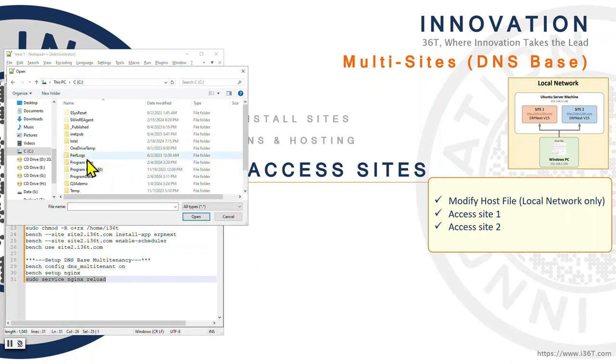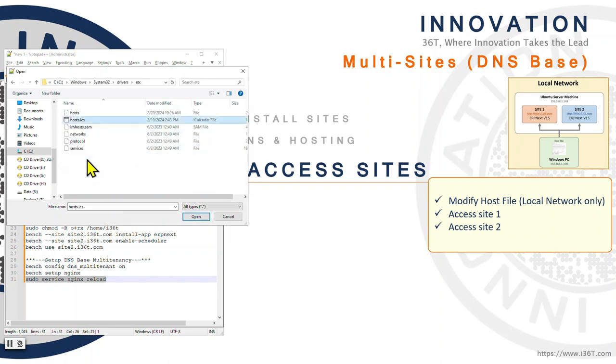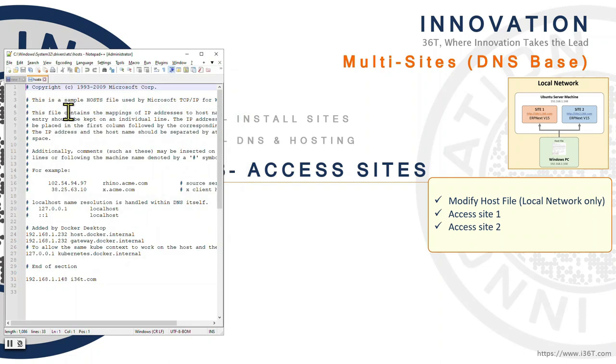From C, Windows, System32, drivers, etc, and here is the hosts file. If you remember, in the previous video I mentioned i360.com with an IP. Similarly, I have to add two lines for site 1 and site 2.